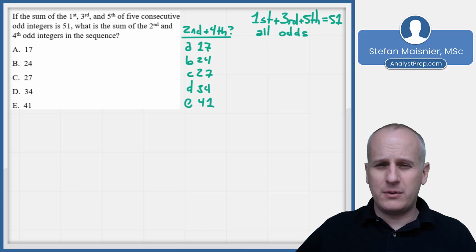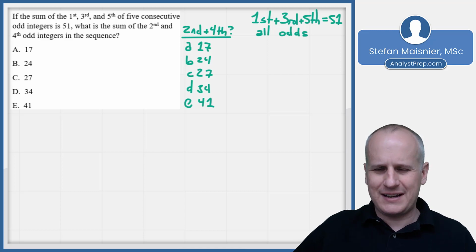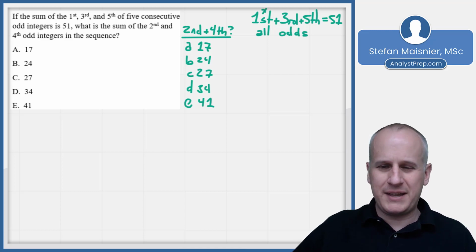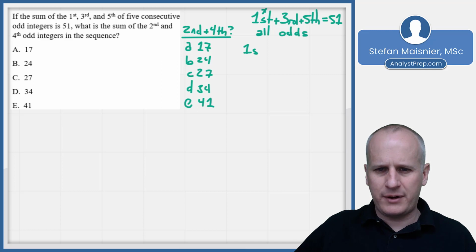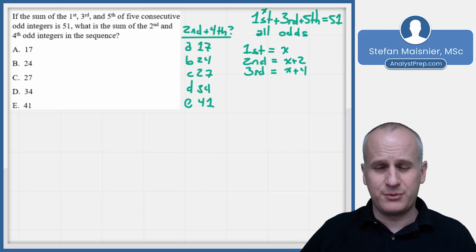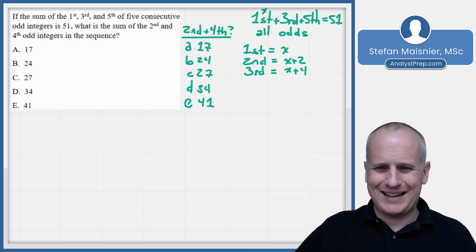So we can articulate the values consciously. So we could say that the first is going to be x, and that's going to allow me to work through everything. So the first could be equal to x. The second would be equal to x plus 2. The third would be equal to x plus 4 because there's 2 between each consecutive odd integer.